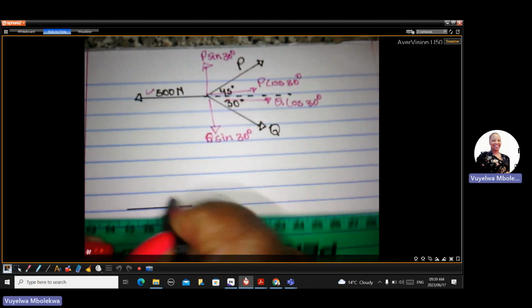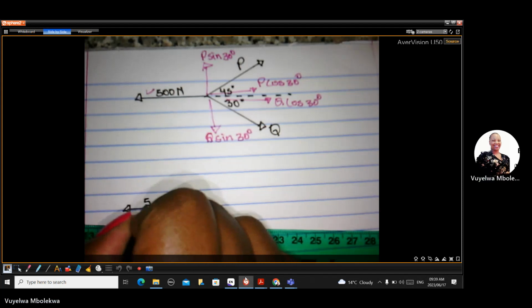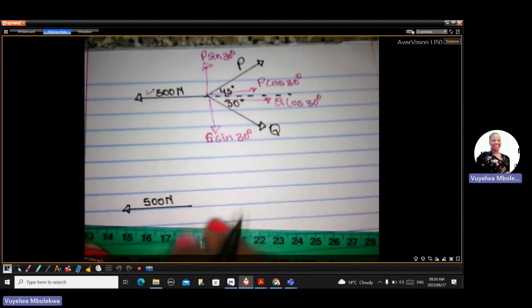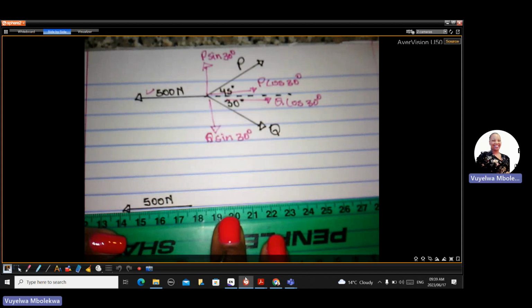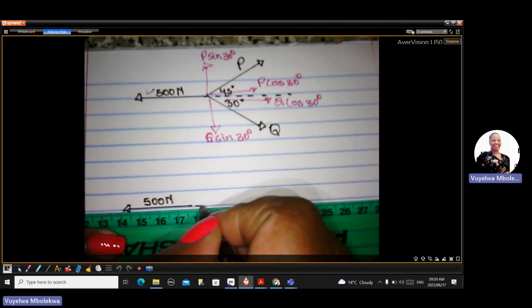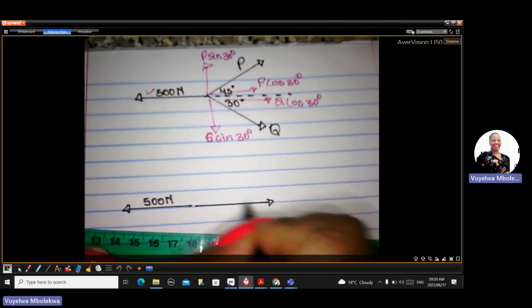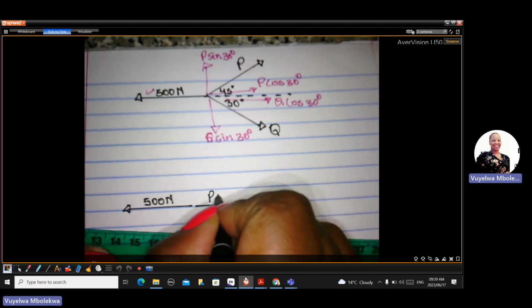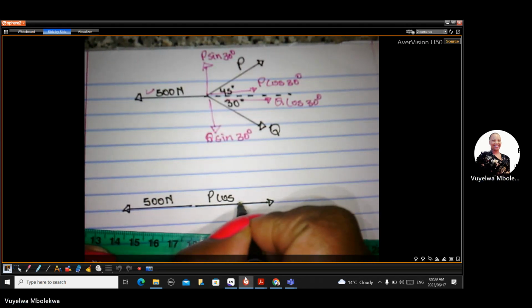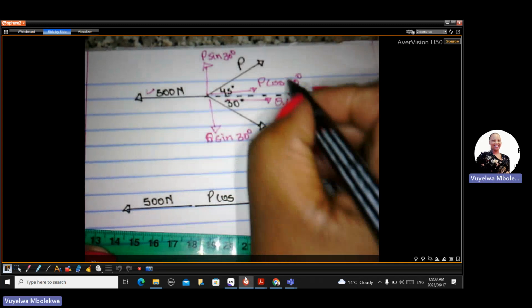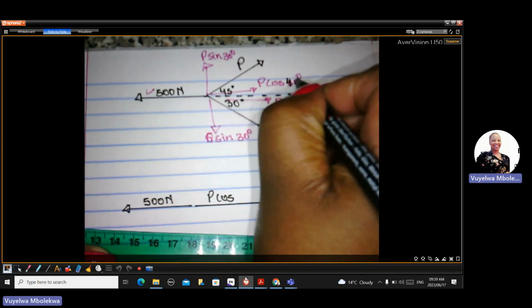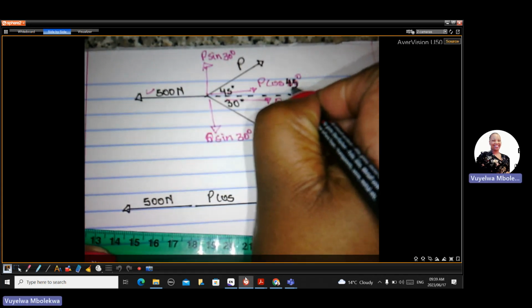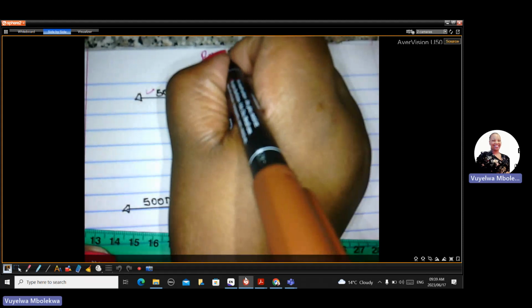So we've got a 500 Newton force here, 500 Newtons. And then this way we can have the horizontal component of force P, which is P cos 45. I made a mistake, because the angle of P is 45 degrees also.